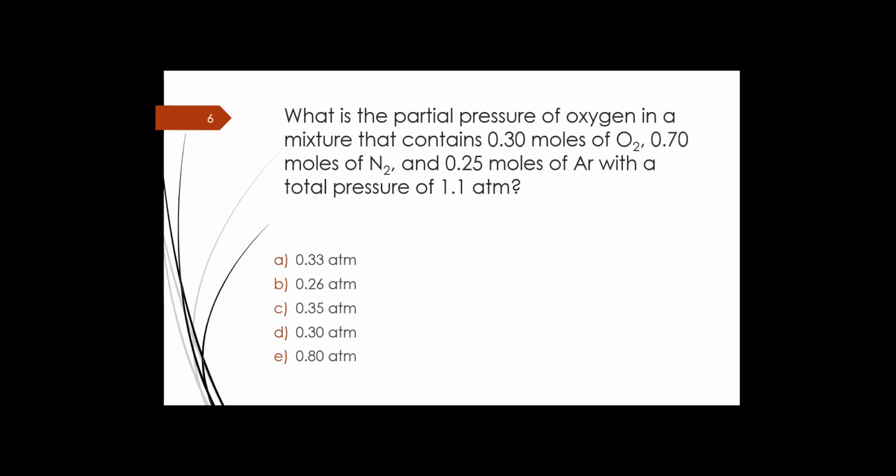So let's answer this question. What is the partial pressure of oxygen in a mixture that contains 0.3 moles of O2, 0.7 moles of N2, 0.25 moles of Ar, and it has a total pressure of 1.1 atmospheres? So we know that our total is 1.1 atmospheres.